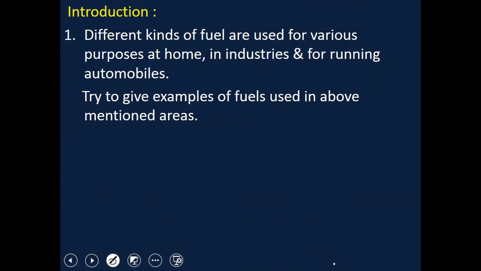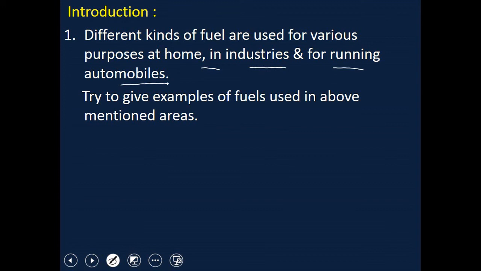So, first of all, we will see what type of fuels are used for various purposes at home, in industries and for running automobiles. So children, if I ask you to give examples of fuels which are used for various purposes in homes, in industries and for running automobiles, you have numerous examples.